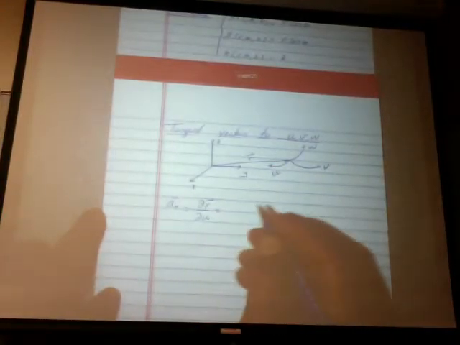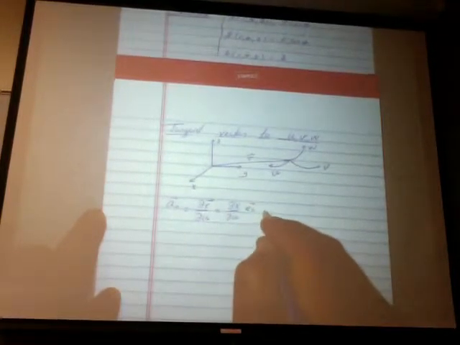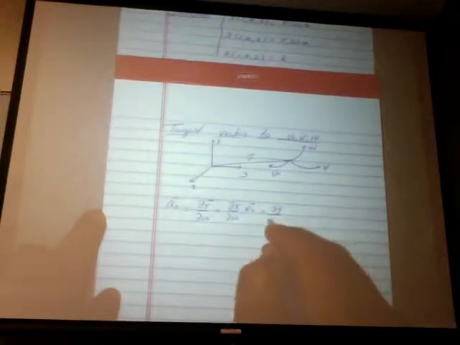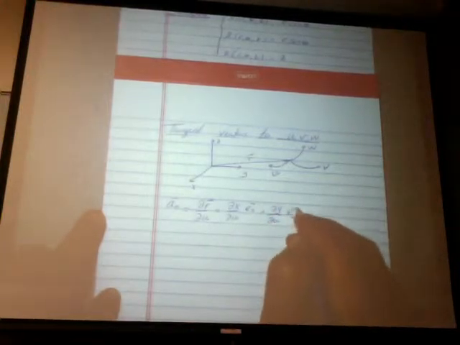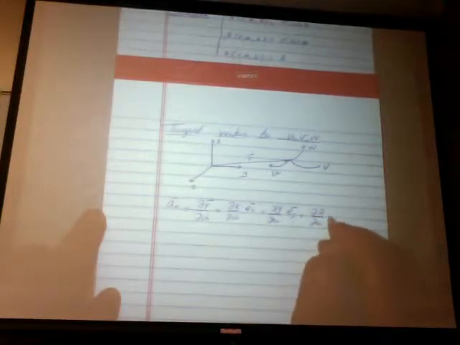This is a directional derivative in the direction of u. What do we learn about directional derivatives? It's simply the gradient times the vector. So this would be dx du in the x direction plus dy du in the y direction plus dz du in the z direction.